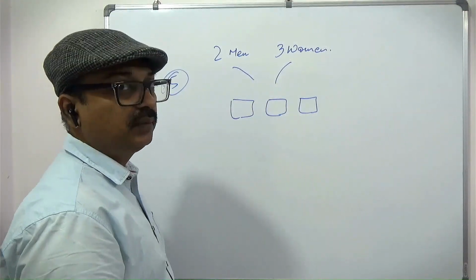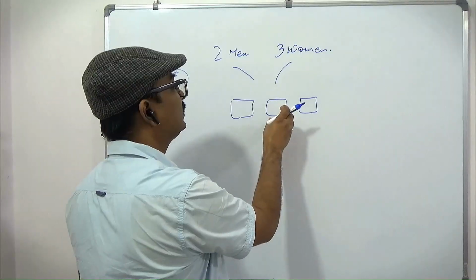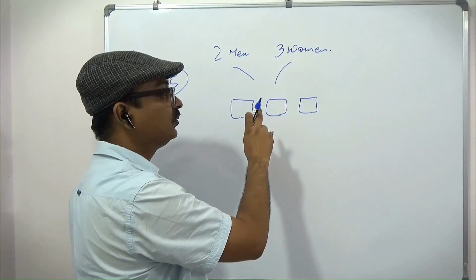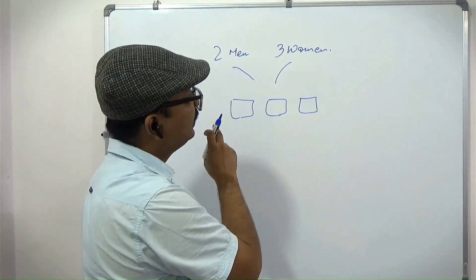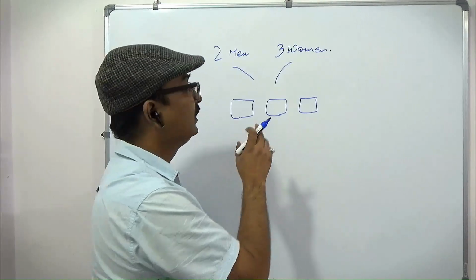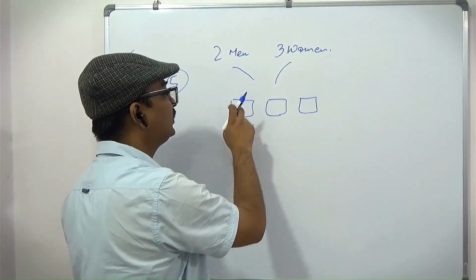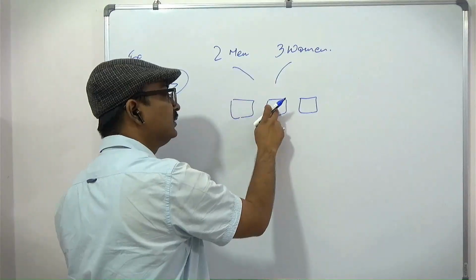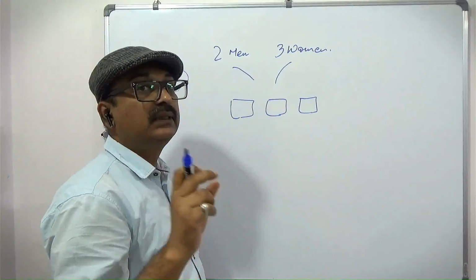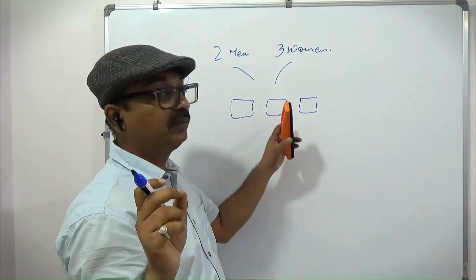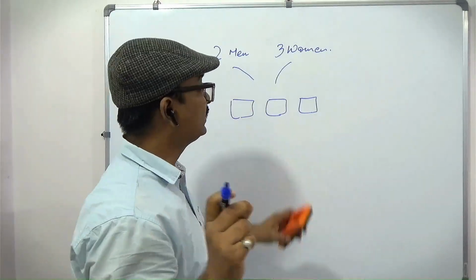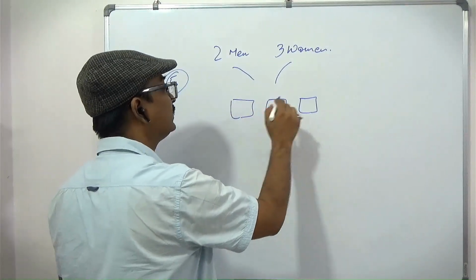Now, the order is not important, whether a woman is here or the second woman is here. If we select all 3 women only, it doesn't matter whether the first woman is at this chair or this chair or this chair. Therefore, this is combination. If order would have been important, then it was permutation. But here order is not important.